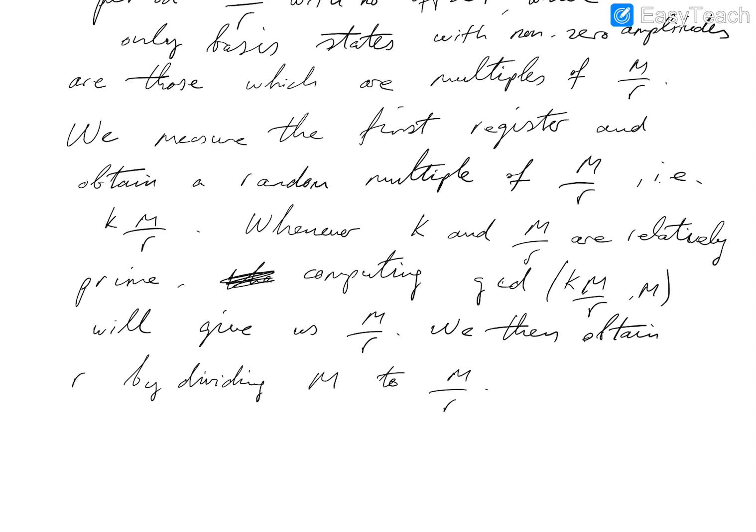Then after the measurement of the second register, we have a periodic superposition where the only non-zero values are multiples of r plus some offset, and then we apply another quantum Fourier transform on the first register to transform the period of the superposition state to another form, so as to help us fetch the period in a better way.